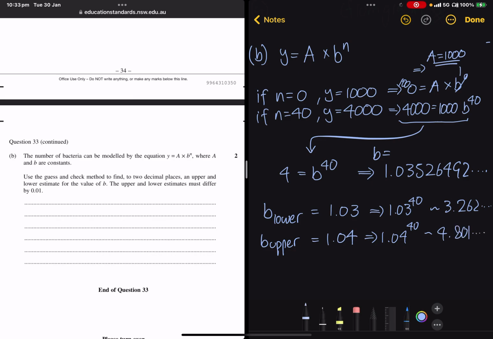Somewhere between these two numbers, there's going to be 4. So there's some value between 1.03 and 1.04 that gives you the correct solution.